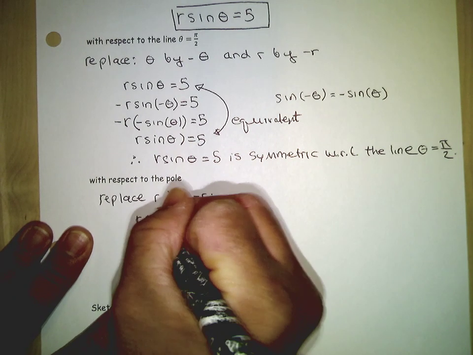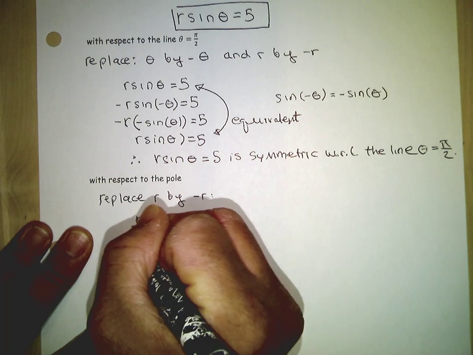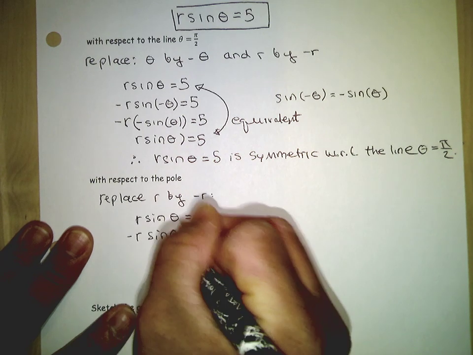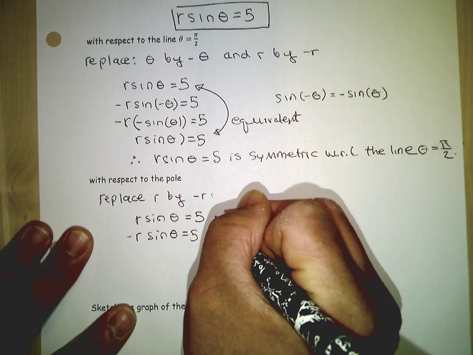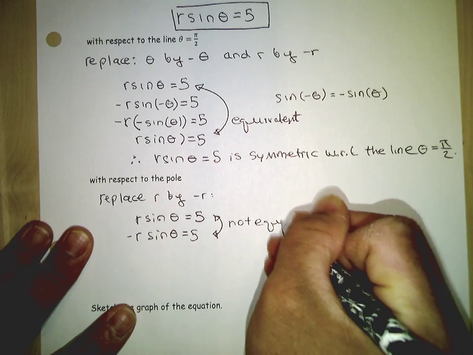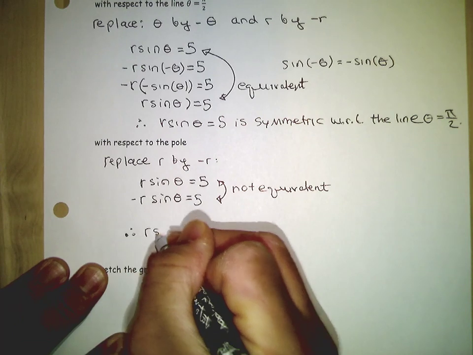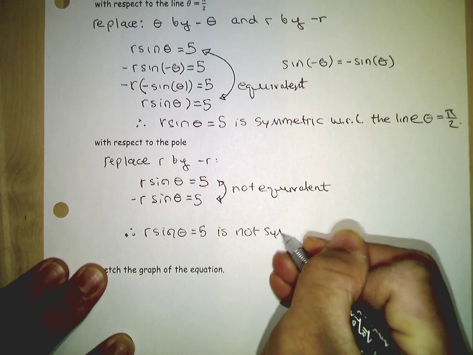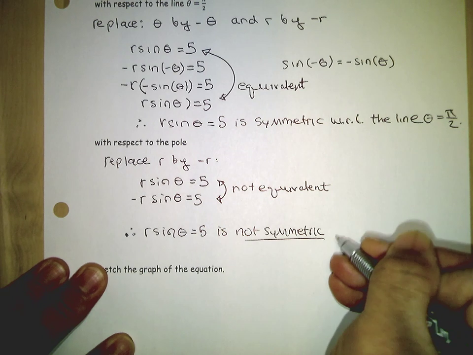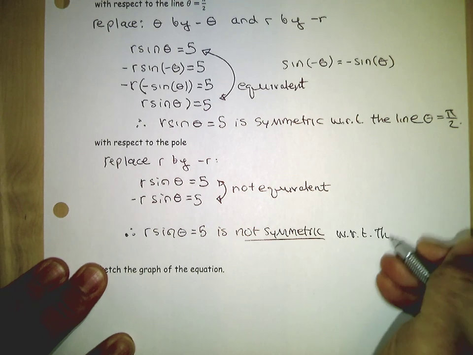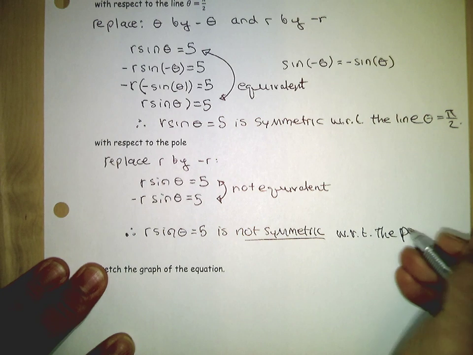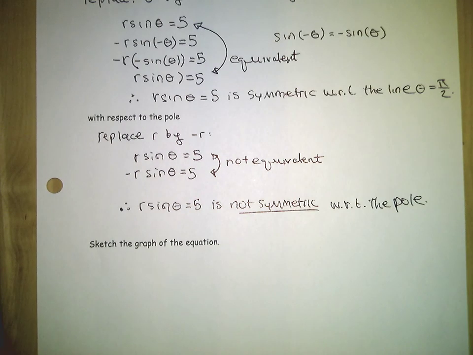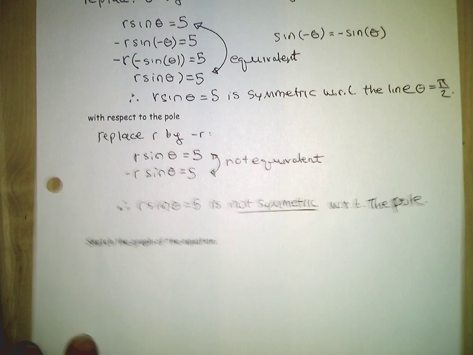If we started with r sine of theta equal to 5, and now we have the opposite of r sine of theta equal to 5, we see that these are not equivalent, and therefore r sine of theta equals 5 is not symmetric with respect to the pole.